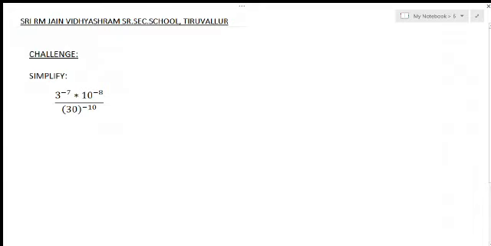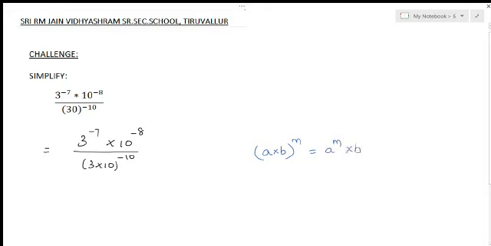3 power minus 7 into 10 power minus 8 divided by 30 power minus 10. So here I am going to write 30 as 3 into 10 whole power minus 10. So I am going to use a into b whole power m can be written as a power m into b power m.